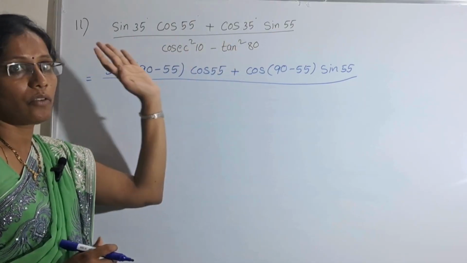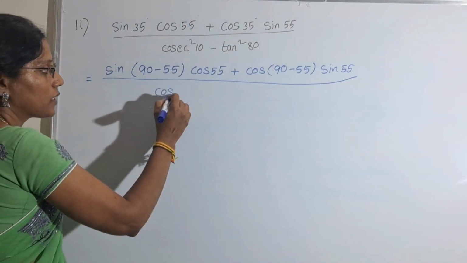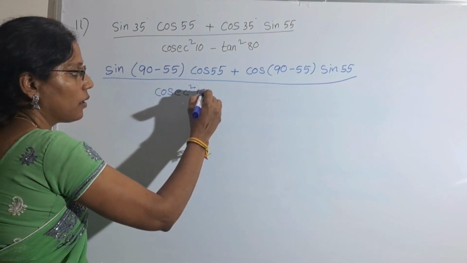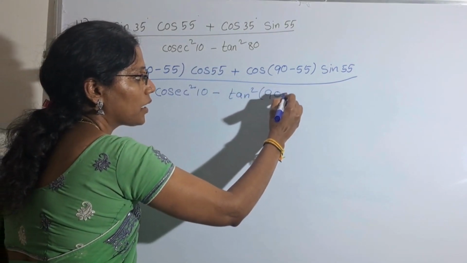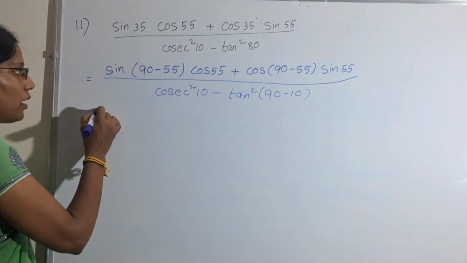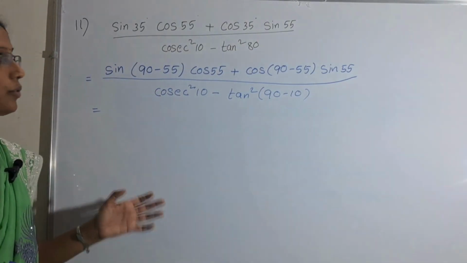Any one angle we have to change. Cosecant square 10 minus tan square of 90 minus 10 we can write. Here we have to apply complementary angles.